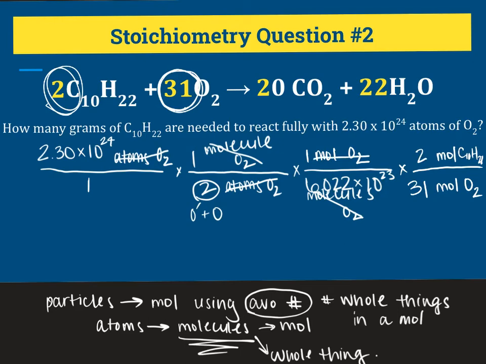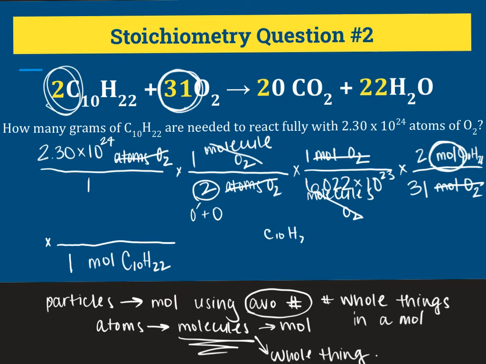Our moles of O2 now cancel out, and if we stopped now, we would be in moles of C10H22, but I'm going to go back down here. This is asking us for grams, so we will do moles of C10H22. And we will do 1 mole of C10H22 and then find the molar mass.